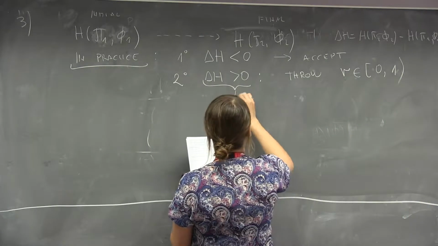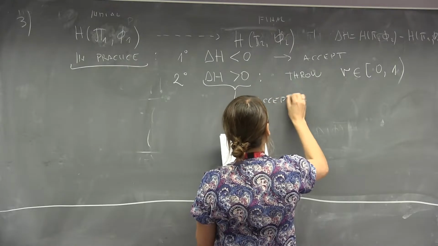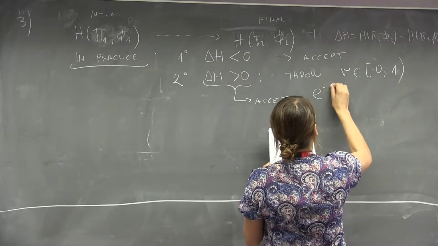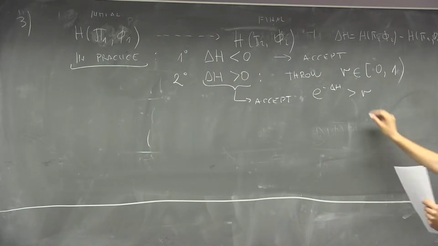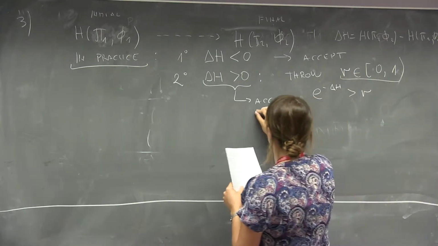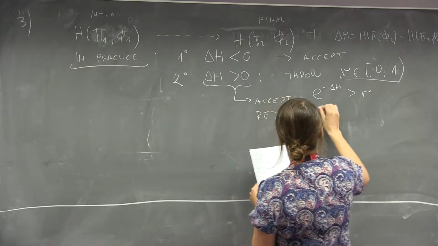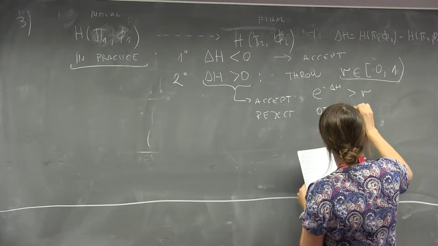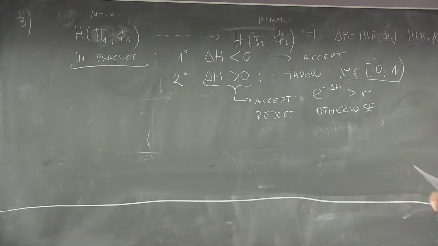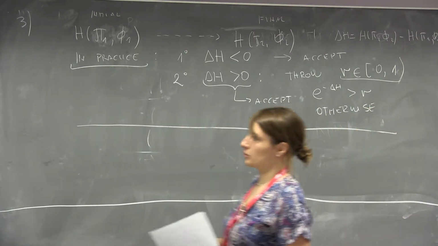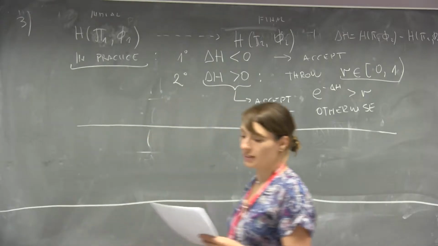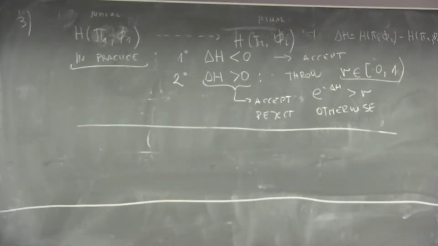And we accept if e to the minus delta h is larger than this random number r, and reject otherwise, so if e to the minus delta h is smaller or equal to r. So this is how this accept-reject step is implemented in the numerical simulation.